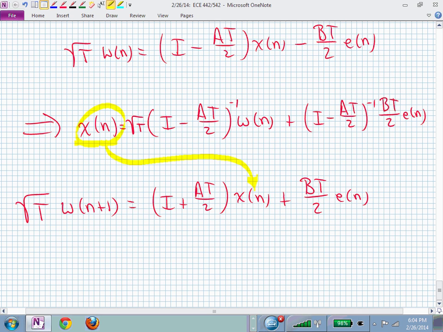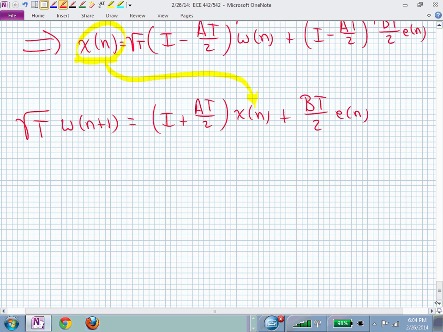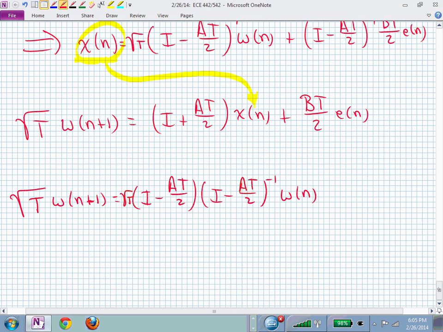Instead of writing little x of n, I'm going to substitute that expression on the right-hand side, which allows me to have the square root of t, w of n plus 1, equaling I plus at over 2, and I can put this square root of t wherever I want, so I'm going to slide it through. This is now I minus at over 2 inverse w of n.